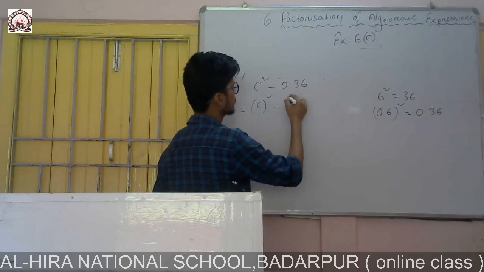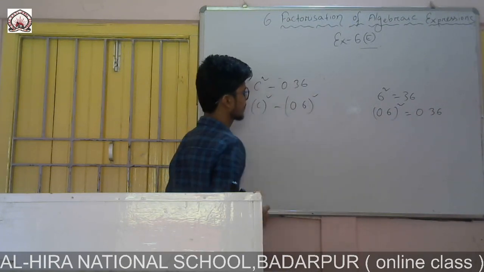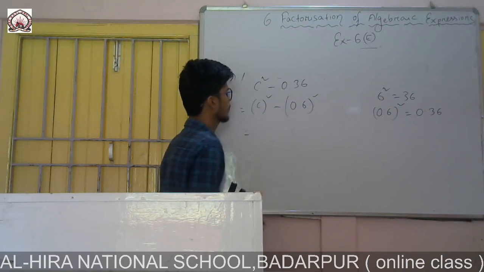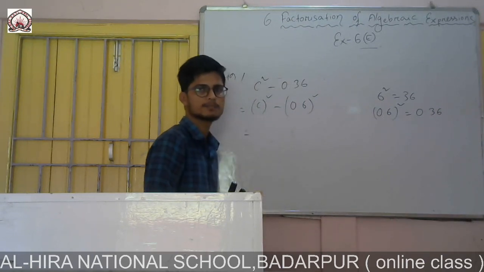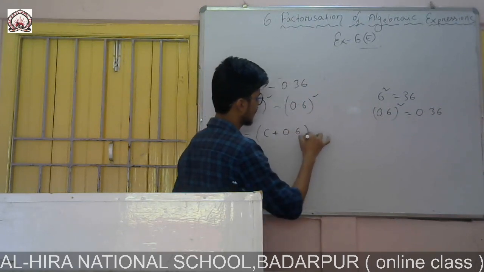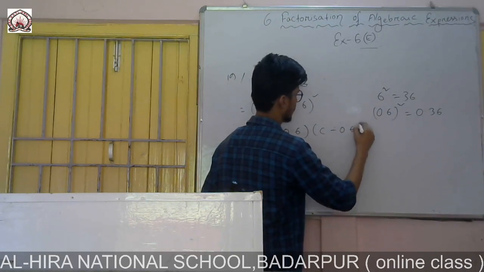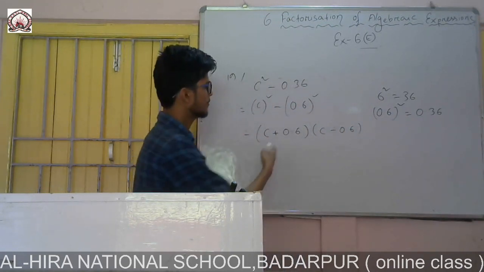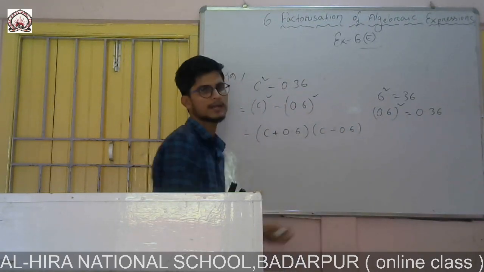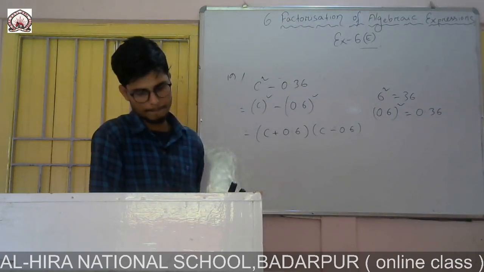So in place of 0.36 I can write 0.6 square, and now it is in the form a square minus b square. So I can write it as a plus b and a minus b. We can write plus 1 in front also, but normally we write plus 1 implicitly. See, a plus b and a minus b.